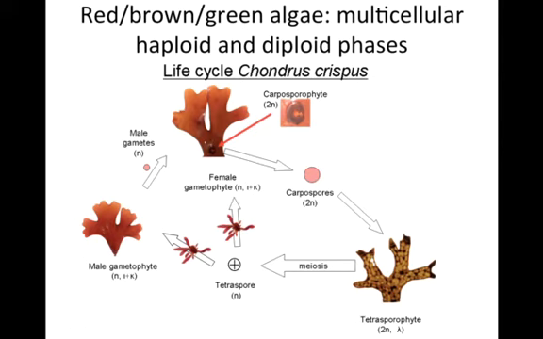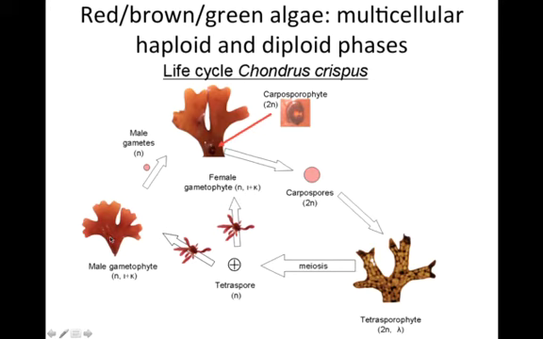So here's yet one more. Here is the diploid stage. In this case, certain of these cells undergo meiosis to give rise to haploid cells.